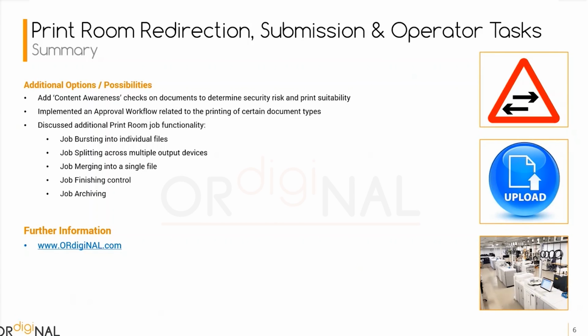And then in terms of the print room, there are other functions that we could have looked at, things like job bursting, where a single large job is split down into its individual component files, where jobs are split across multiple devices. So instead of being printed on one machine, you could simultaneously print on 2 or 3.